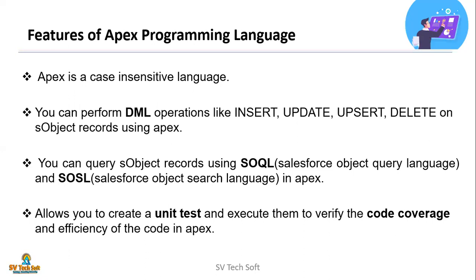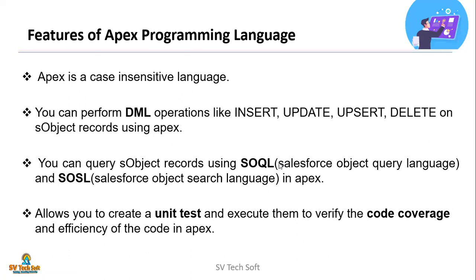Apart from DML operations, you can query your record information programmatically with the help of SOQL. SOQL is Salesforce Object Query Language. By using SOQL, you query your object record information programmatically. This is the select query.